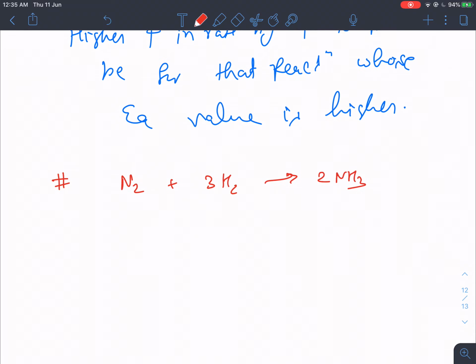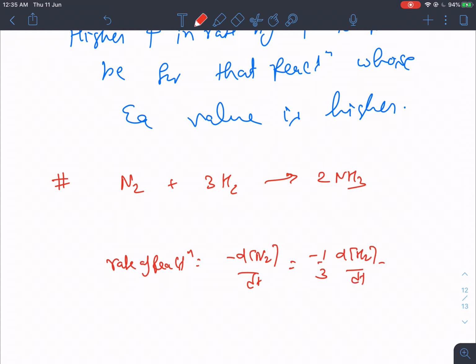Now you can relate, as I told you, the rate equation if you want to write it. So what will be the rate equation? The rate of reaction will be equal to -d[N2]/dt, which will be equal to 1/3 (-d[H2]/dt), which will be equal to 1/2 d[NH3]/dt.